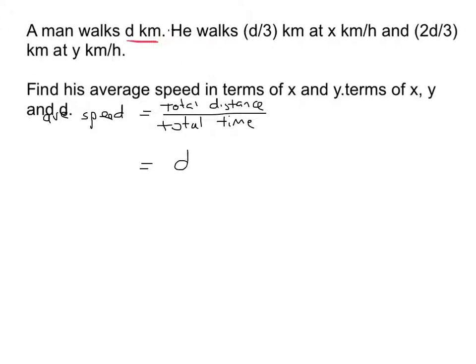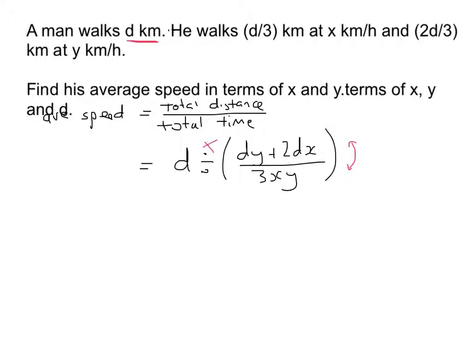So this will be equal to d divided by the total time, which was the expression we worked out in the first part: dy plus 2dx divided by 3xy. So it's d divided by all of that. And if you remember what happens when you divide by a fraction, you flip it upside down and turn it into a times.